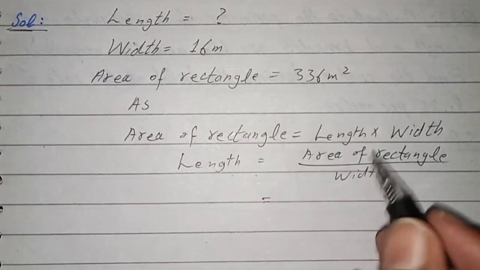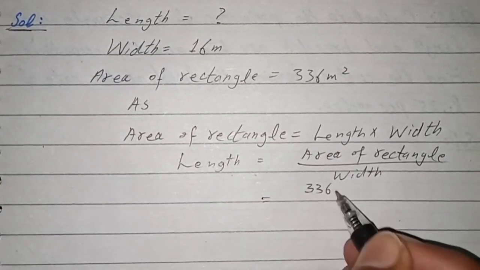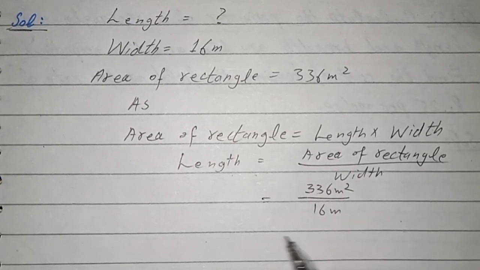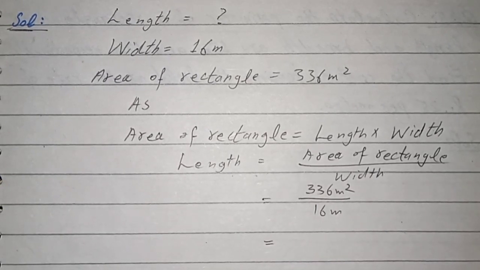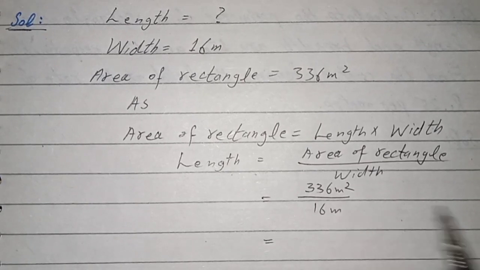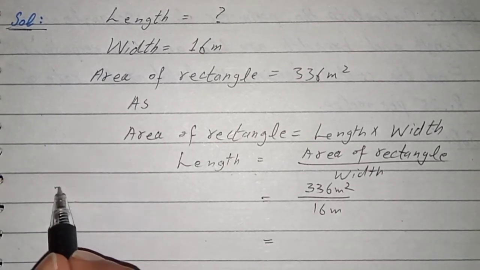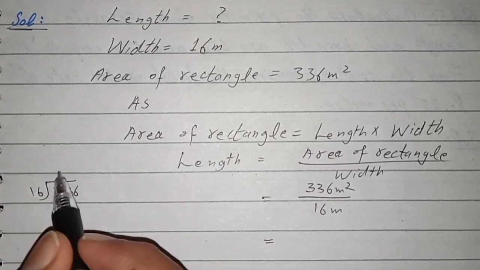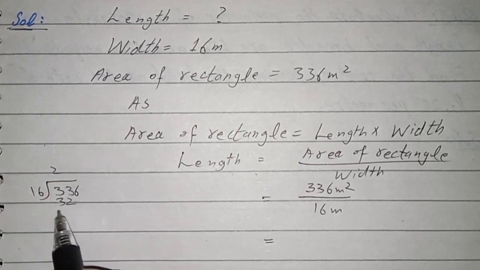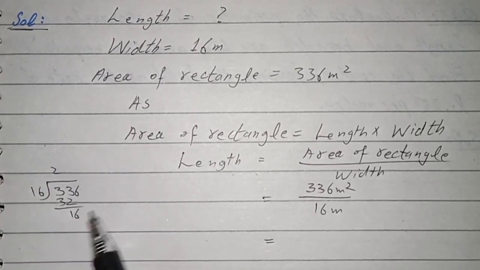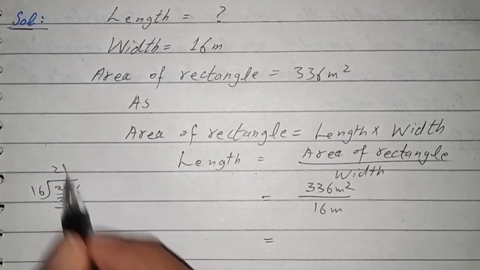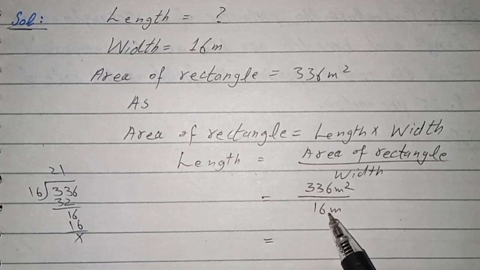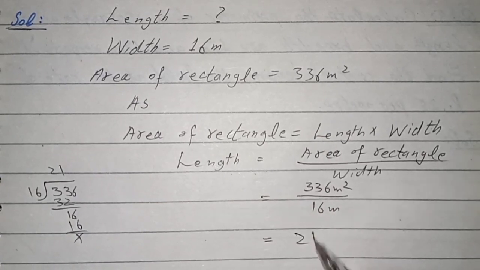So the area of rectangle is 336 meter square and the width is given as 16 meter. When we divide 336 by 16: 16 2s are 32, there is 1, and 6 will be there. 16 1s are 16, meaning 336 divided by 16 is equal to 21.